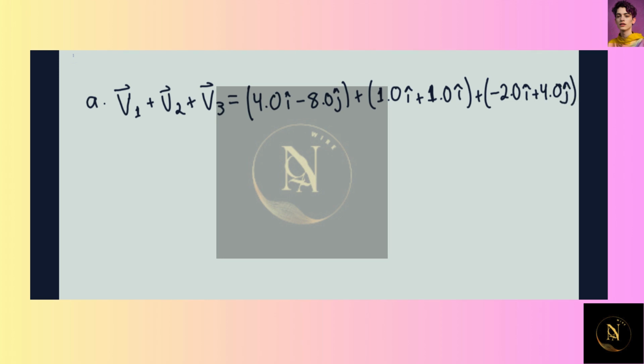We know that this is going to then equal 3.0 i hat minus 3.0 j hat.